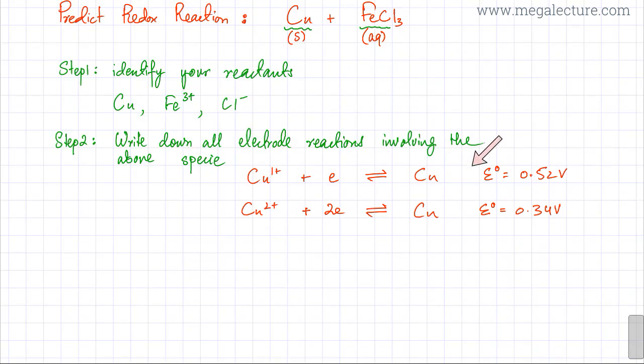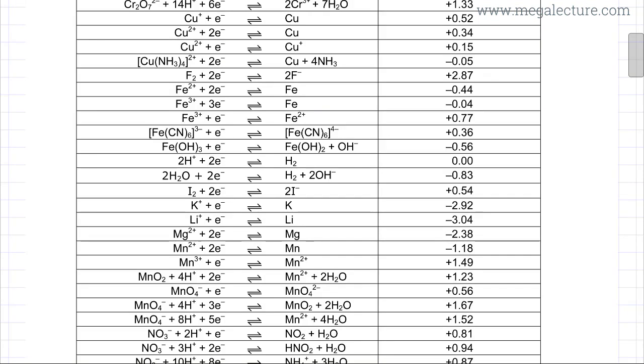So I've copied the two electrodes from the data booklet. I'm going to move to Fe3+, that's my other reactant, and I'm going to refer to the data booklet now. Finding electrodes that involve Fe3+, I've already figured out these two electrodes over here, where Fe3+ is gaining 3 electrons to form Fe in equilibrium with Fe, and the electrode potential is minus 0.04 volts.